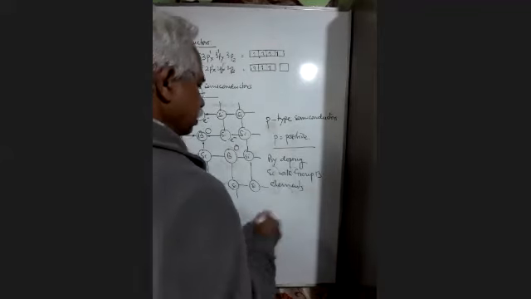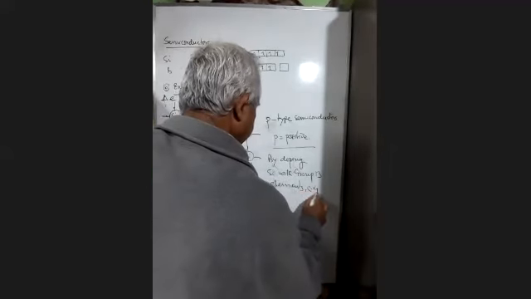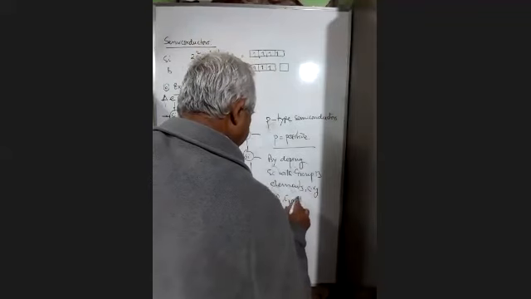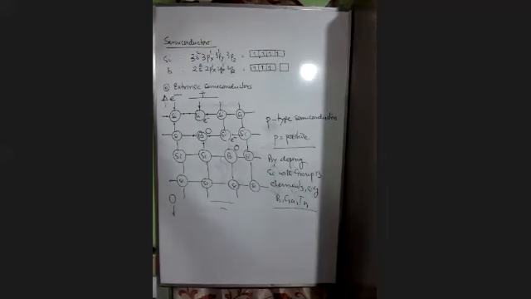In this group, what do you have? Boron, we have aluminium, then gallium, indium. We generally do not use aluminium because aluminium is more metallic. So we go for boron, then gallium, indium. All of them are semiconductor materials.